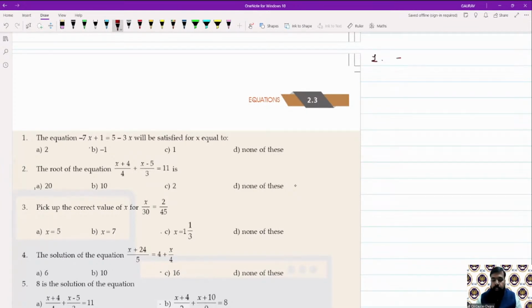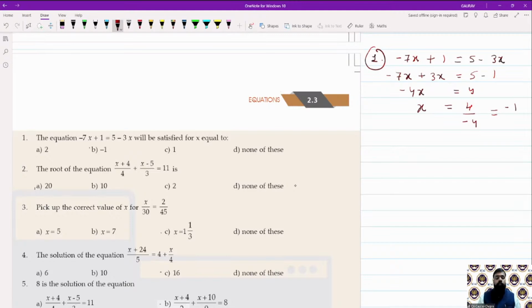So it is minus of 7x plus 1 equal to 5 minus 3x. Bringing all the variables on the left hand side, minus 7x plus 3x is equal to 5 minus 1. So what is left? Minus 4x is equal to 4. Therefore, the value of x will be 4 upon minus 4.